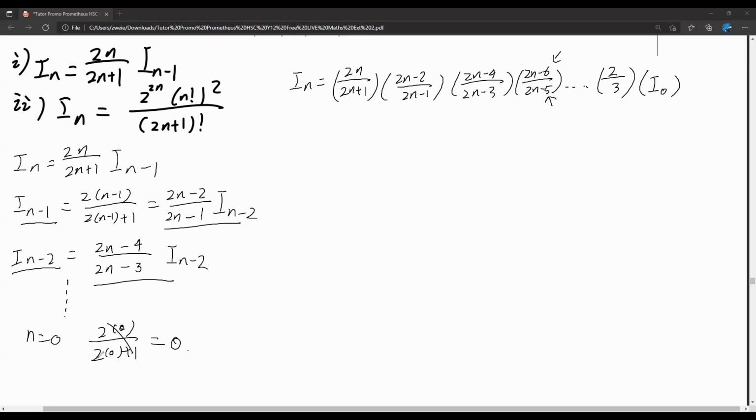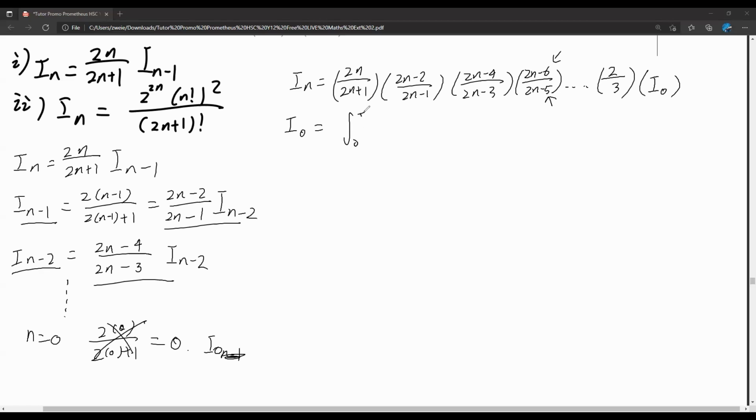So in this case, we can't derive for an I(n-1). So all we're left with is just I0. All right, so next thing, figure out what I0 is.